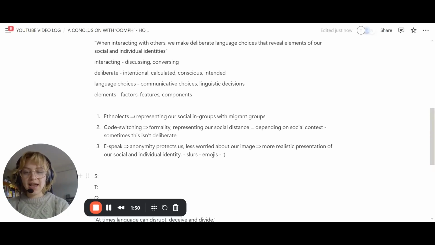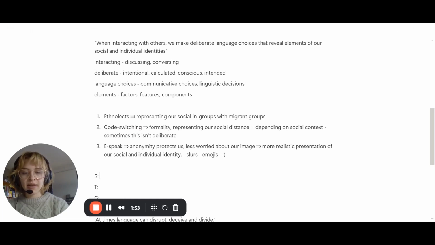So something like, you don't need to say "in contemporary Australian society" always. That's kind of a given, so we'll leave that out. Interlocutors make intentional linguistic decisions that represent their identity.